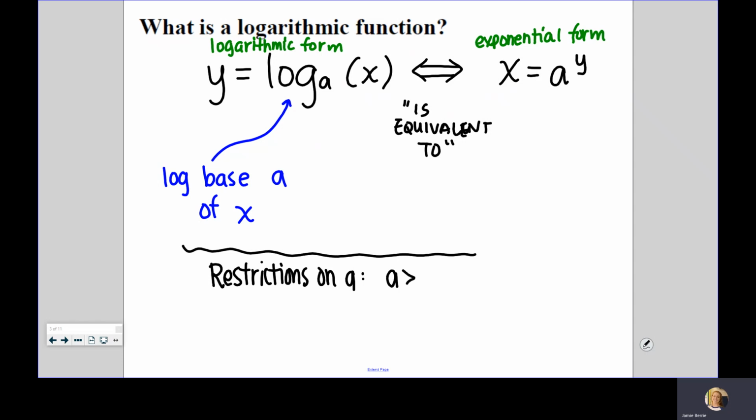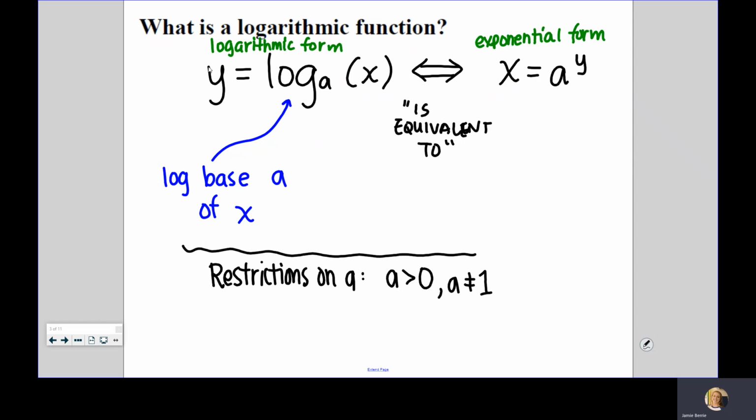But a has to be a positive number, so a has to be greater than 0, and a cannot be equal to 1. These were the exact same restrictions we had on a when we learned about exponential functions.